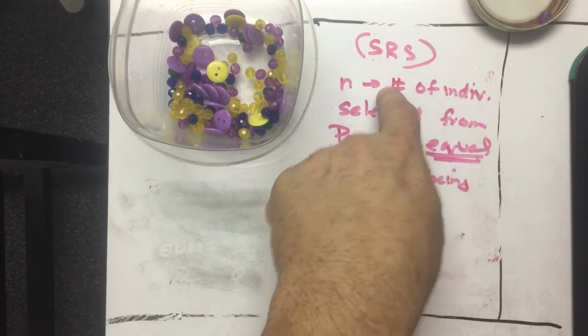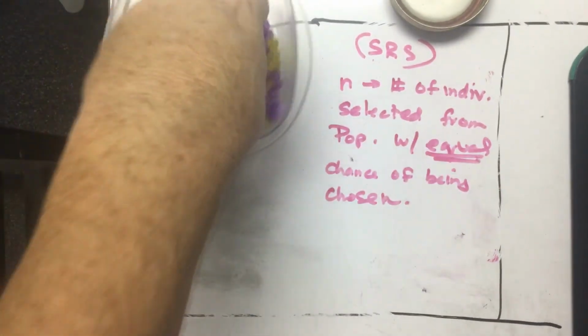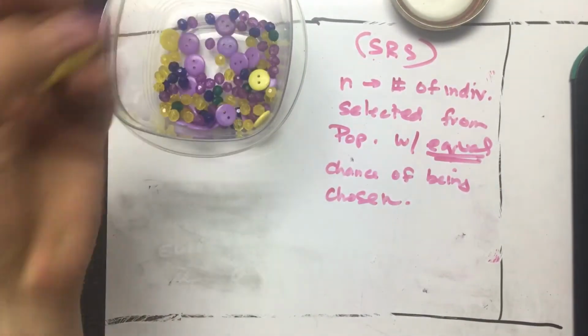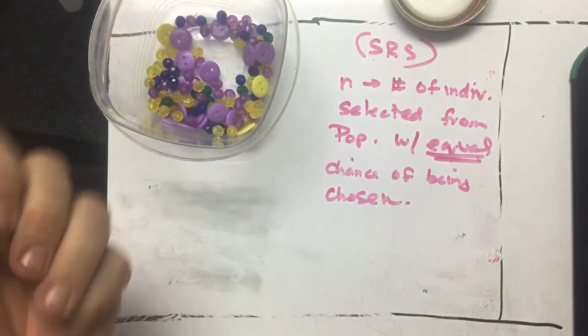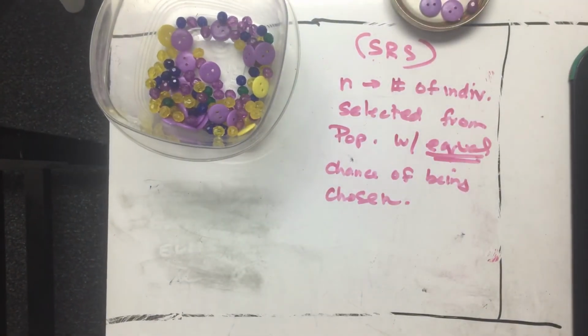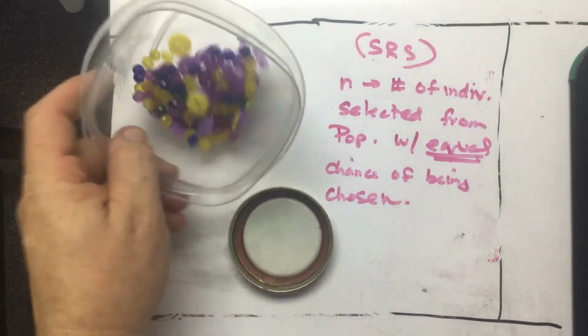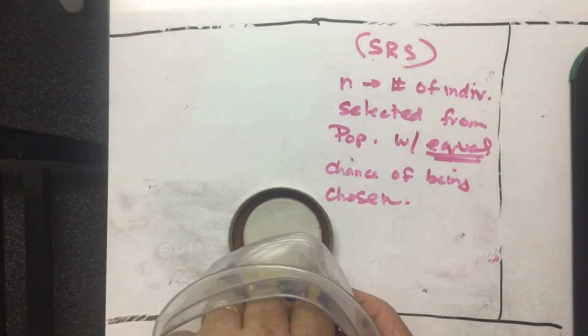So my n is 1. Let's go back and I'm just going to pick 5. And I didn't look and it's mixed up. So there's 5 of them. Those 5 people had an equal chance of being chosen. Now, if I look at it differently and go, oh, you know what? Let me look in here. I like purple.